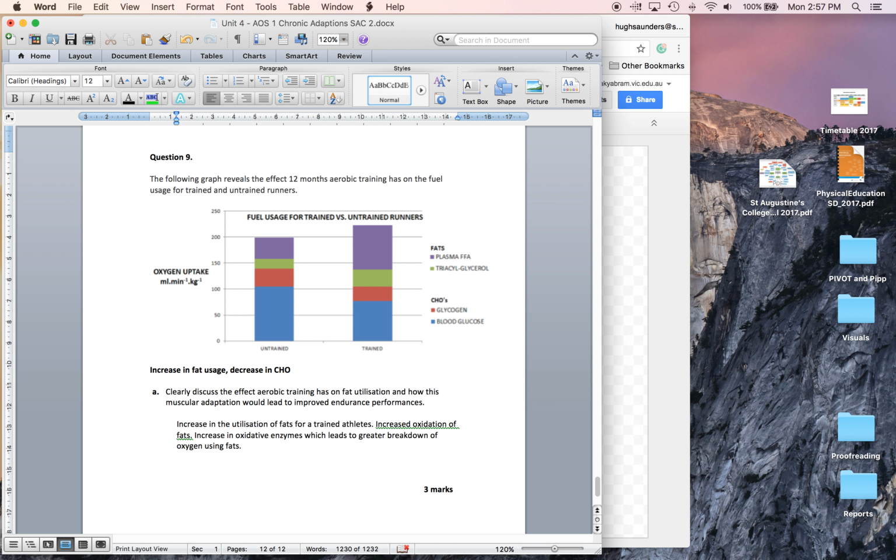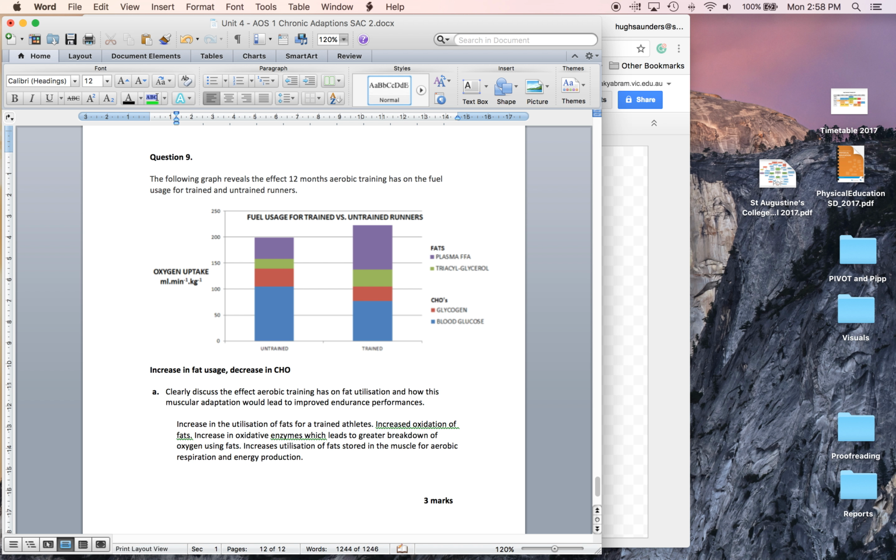So this increases our, and this is now how we're looking how to improve performance, and there's a couple little elements to this. The main part is that it increases our utilisation of our fats stored in the muscle for aerobic respiration and energy production.